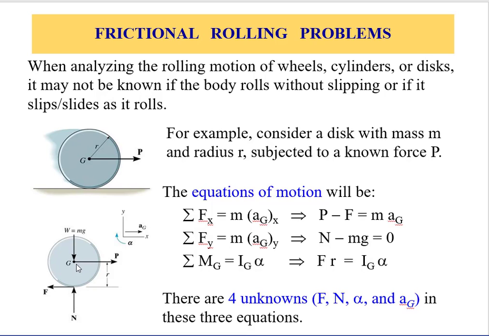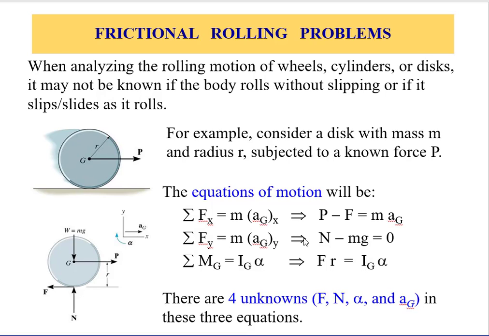However, the moment of the force F is not 0, and that's equal to r cross F, or in scalar form, the distance, radius R, multiplied by F, and it is positive because it's counterclockwise. So use your right hand rule. Notice that this F is causing the wheel to rotate about G counterclockwise. So that's what we get here.